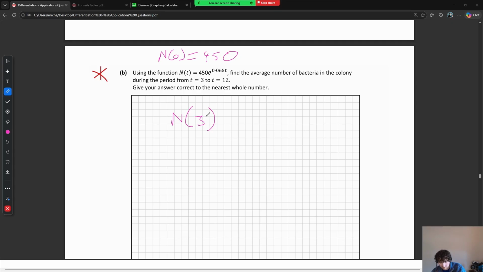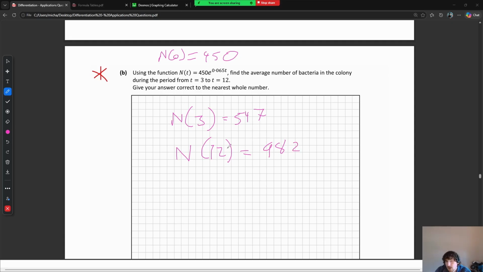N of 3, this is like a sanity check here for yourselves in the exam. So multiply by 3. I am seeing that that works out as about 547-ish bacteria. And then at the 12th hour or whatever, just scroll across, calculator, and that works out as about 981 or 982, we'll round it, bacteria.